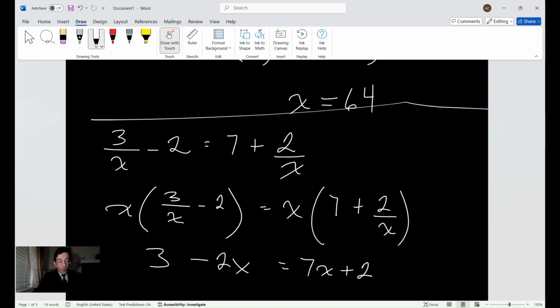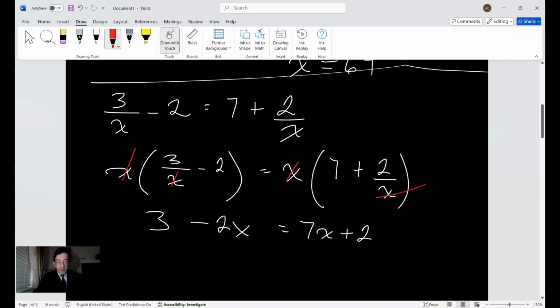And again, I want you to see why, right? We got rid of the denominator. So this and this and this and this, right? In that sense, we now have a nice linear equation. This is in fact a linear equation.